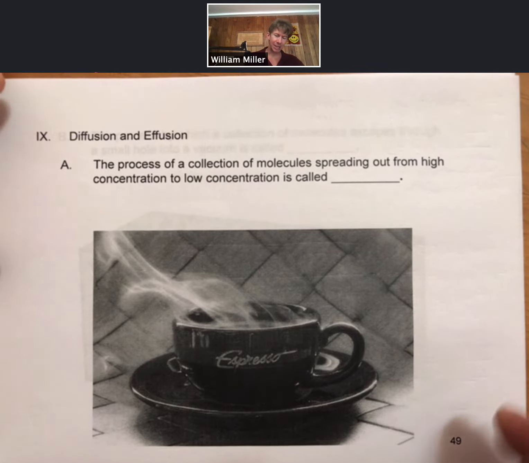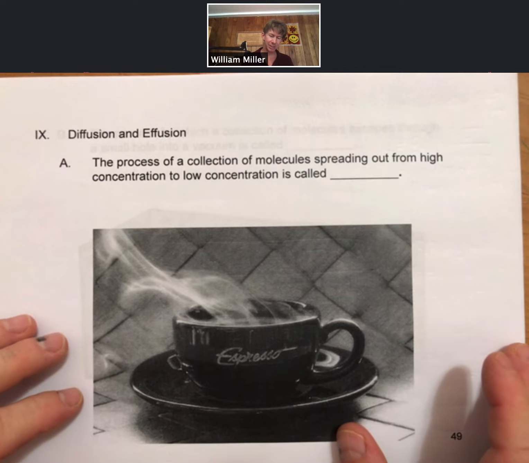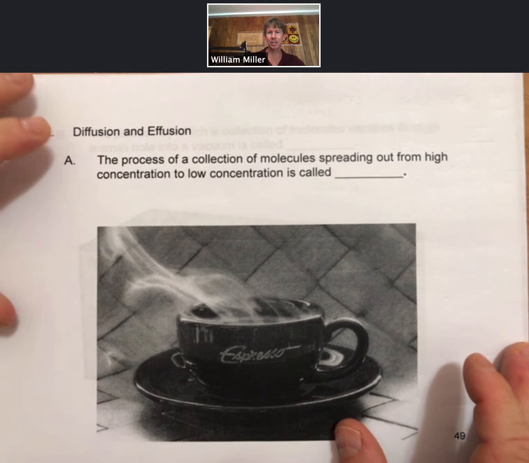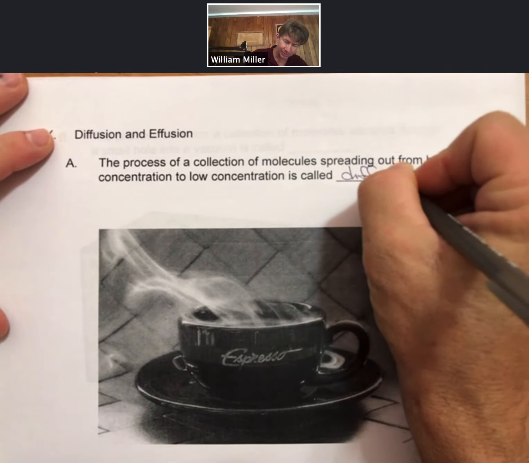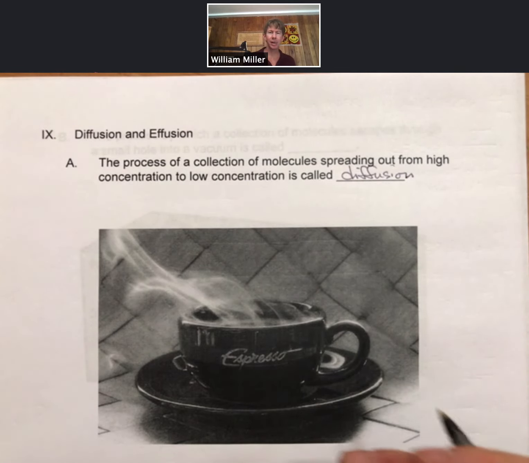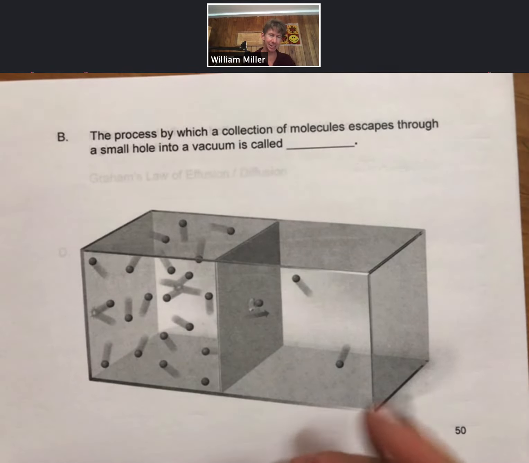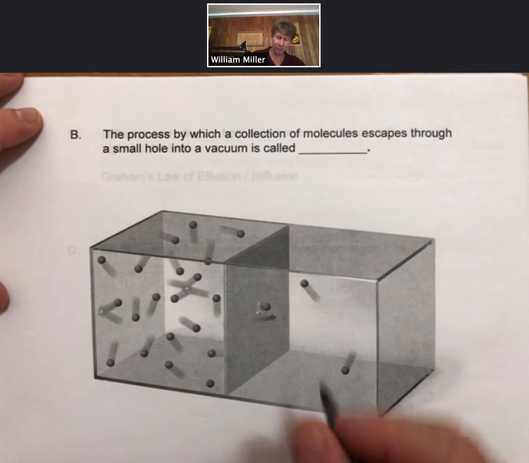Now let's talk about diffusion and effusion. The process of a collection of molecules spreading out from high concentration to low concentration is called diffusion. And really, diffusion and effusion are very related, as we will see, even though they are different processes. The process by which a collection of molecules escapes through a small hole into a vacuum is called effusion.